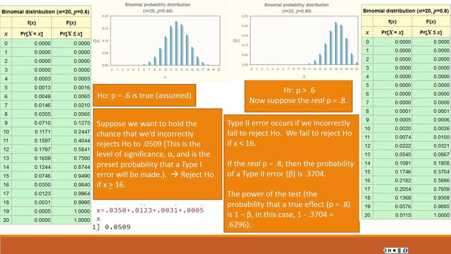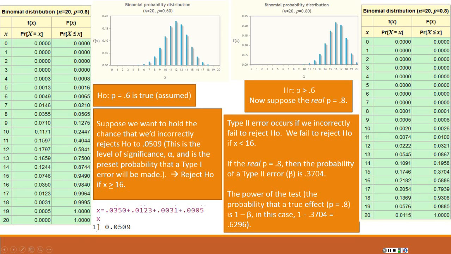I'm going to reject if it's 16 or greater, and I'm going to say I'm willing to be wrong a little more than 5% of the time. So all the left-hand side here is the null hypothesis and the probability that we could make an incorrect decision. Of course, if it's true and we get anything that's 15 or less, then we will have made the correct decision. So that's one side.